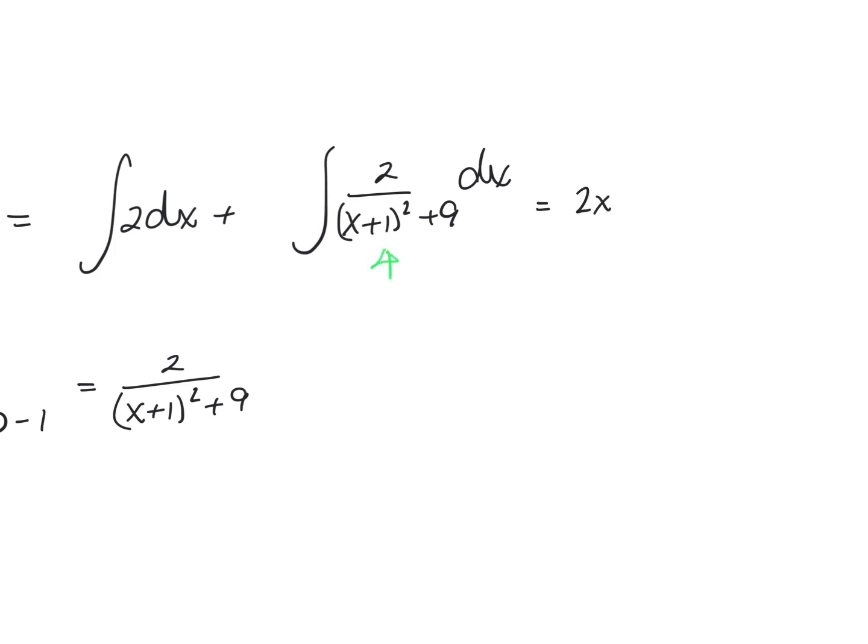Now this looks an awful lot like the tangent inverse, give or take. And what I mean by the give or take is we have this 9 here, and it should have been something squared plus 1.